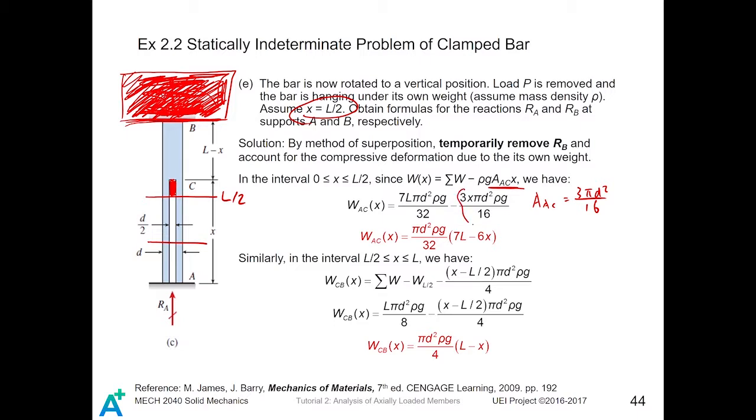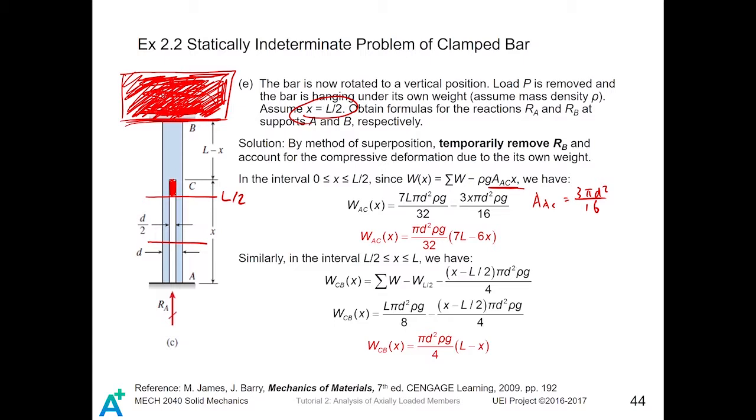We can treat this part as the volume of material below the level of x, and the volume times rho g will be the weight of material below this level. After simplifications and taking the constants out, the compressive load for any cross-section at position x in segment AC equals pi d squared rho g divided by 32 times (7L minus 6x).